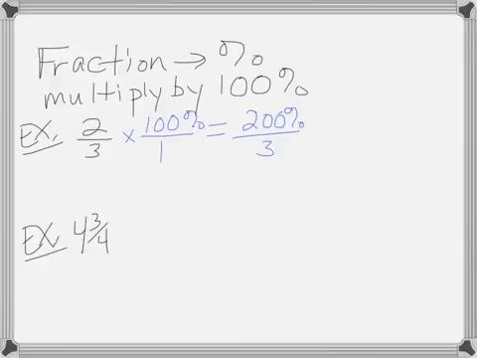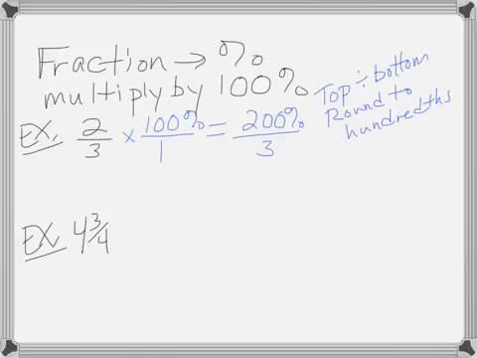So go ahead and do top divided by bottom. And just put that in your calculator. 200 divided by 3. And we're going to round to hundredths. So when you put 200 divided by 3 in your calculator, you get 66 point, and then the sixes just go on forever.